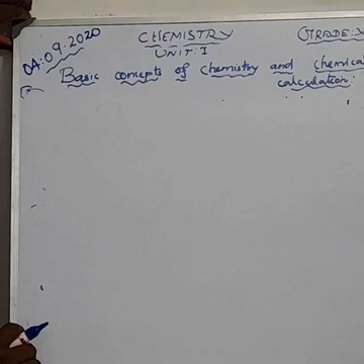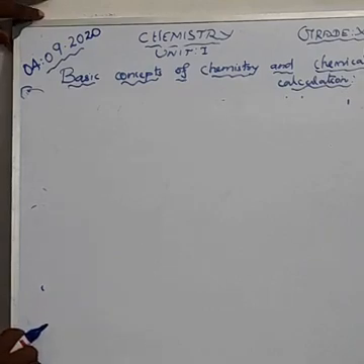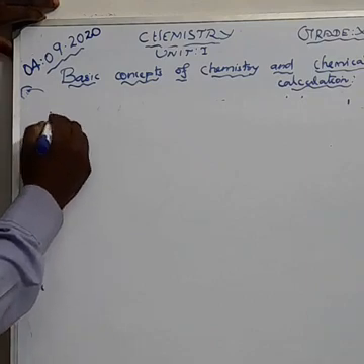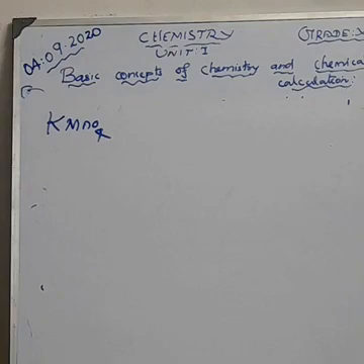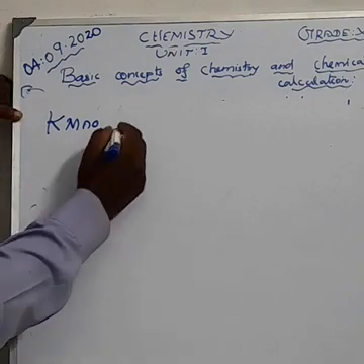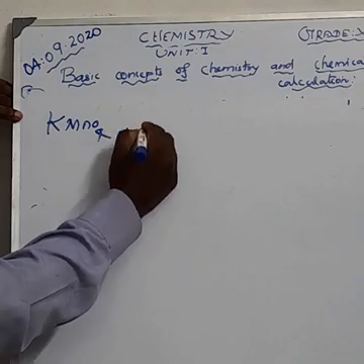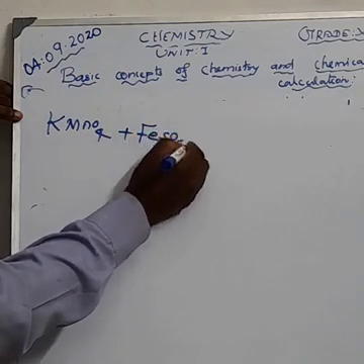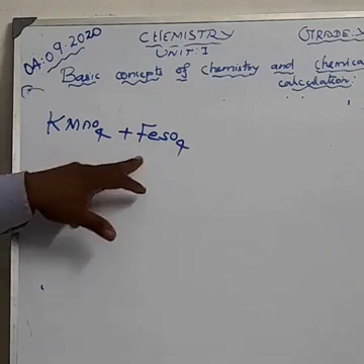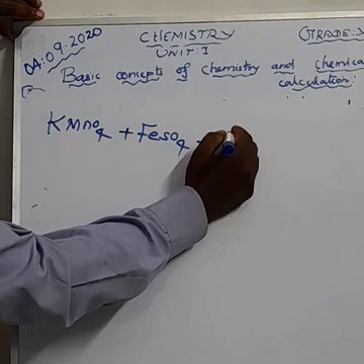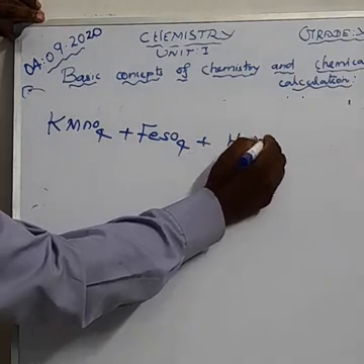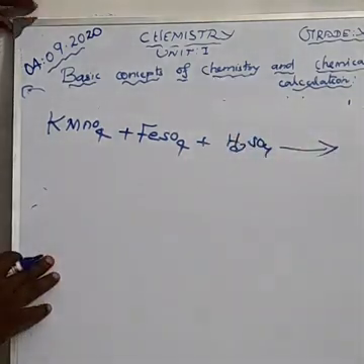What is the formula for potassium permanganate? KMnO4, plus ferrous sulfate, formula FeSO4, plus sulfuric acid, formula H2SO4, gives what product?